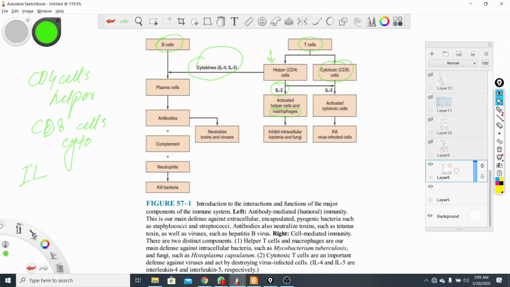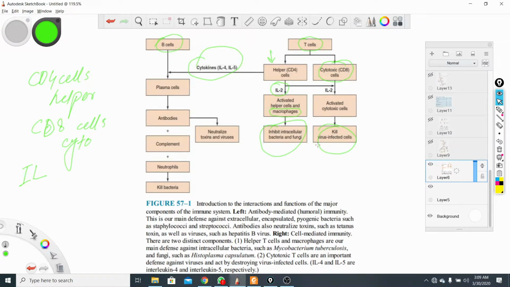Helper cells, activated by the presence of IL-2, in response inhibit intracellular bacteria and fungi. These helper T cells have a specific function to destroy bacteria and fungi, whereas cytotoxic T cells have a specific function to kill the virus infected cells.